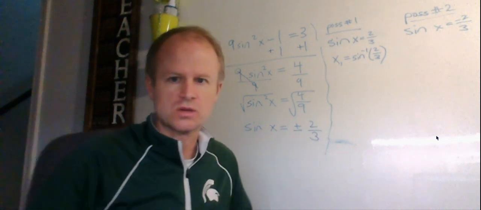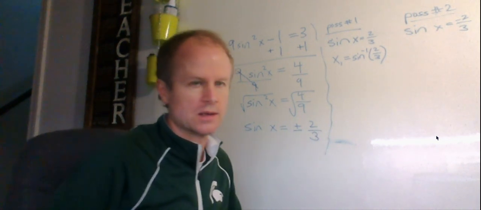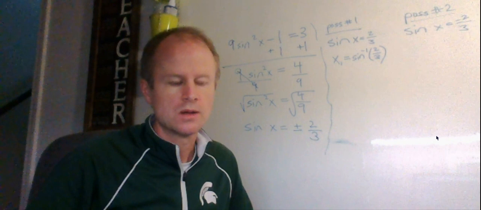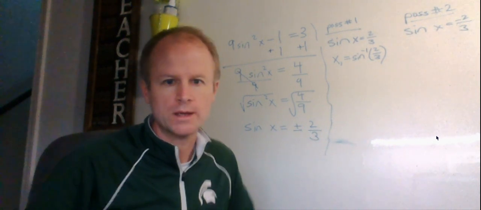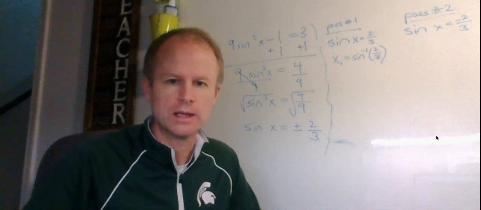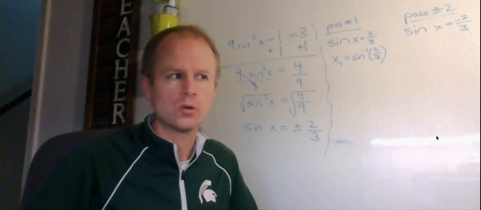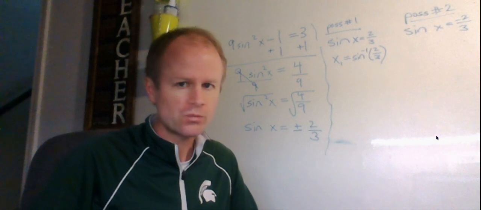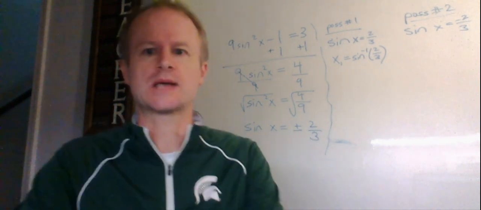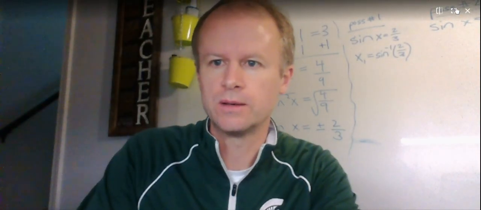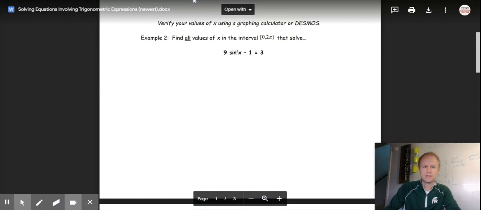And sine inverse of 2/3 is, remember, sine represents the y coordinate on the unit circle. So the y coordinate has to be 2/3. So it's like, what angle gives you a y coordinate of 2/3? Again, we're going to use arc sine in Desmos. So we're going to go back to Desmos a second.